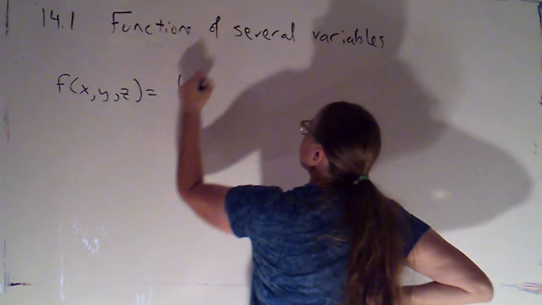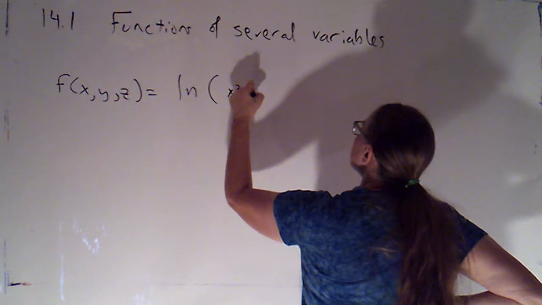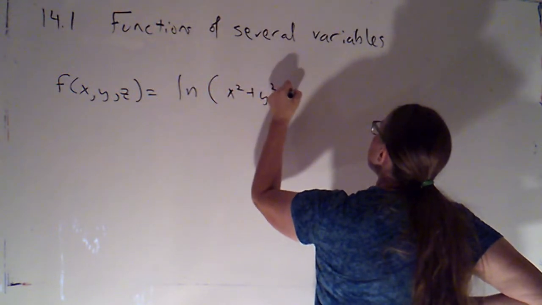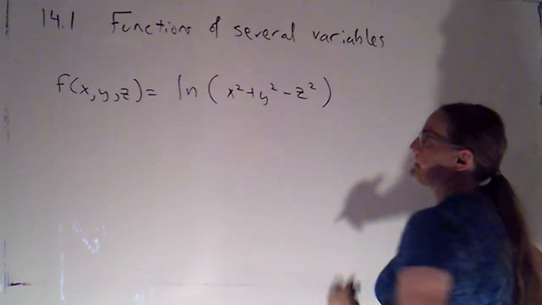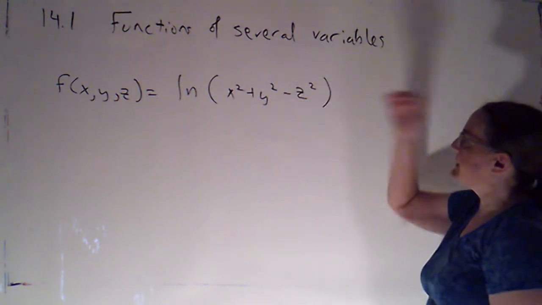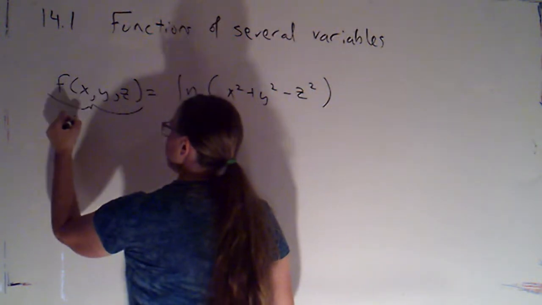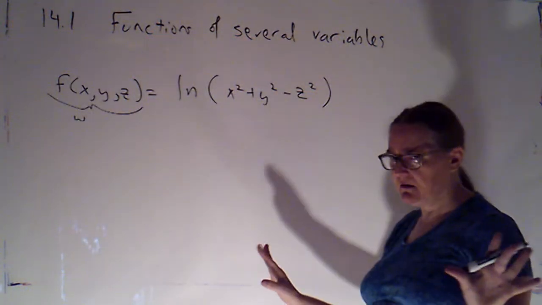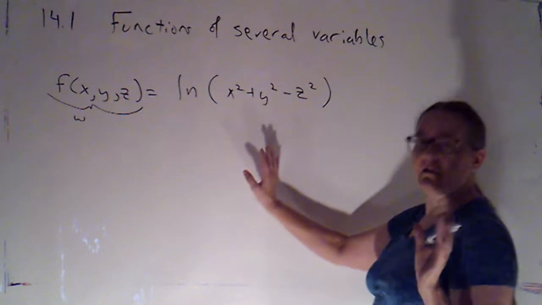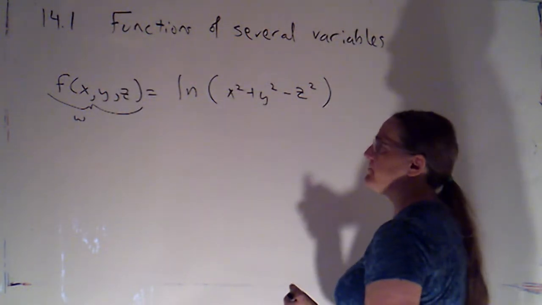Let's do the natural log of x squared plus y squared minus z squared. Okay, excellent. So, this is a formula for my w values, but if we're talking about the domain, we're looking at a subset of 3-space.